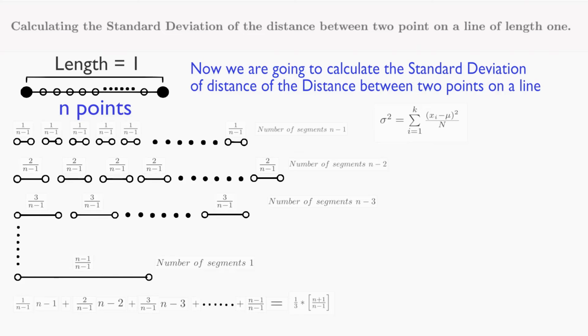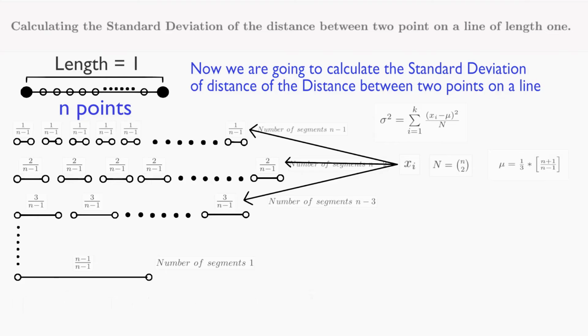Our average is 1/3 times n plus 1 divided by n minus 1. Our total number of intervals is equal to n choose 2 because we need to have 2 points to make up an interval. And lastly, each one of our lengths, we can see here, the first one is 1 over n minus 1, the next one's 2 over n minus 1, 3 over n minus 1, all the way through n minus 1 over n minus 1, which is just 1.